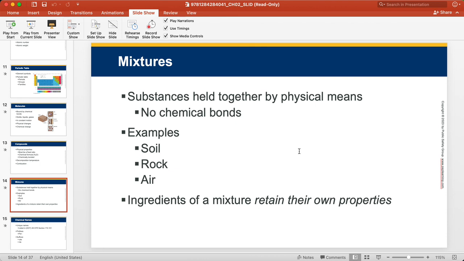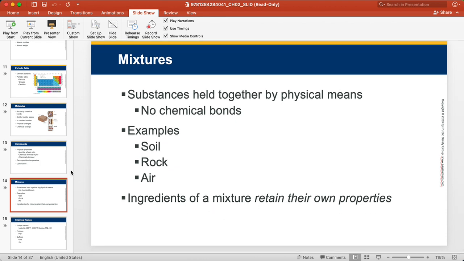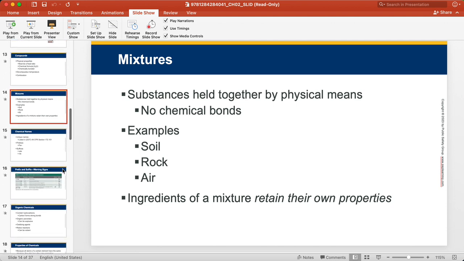And so fire burns very well at 21%, but as we get down to the 15% mark, fire begins to not burn very well and actually starts to smolder. So you'll see a direct correlation to how the human body works and how fire works, and how fire burns. All right, so ingredients of the mixture retain their own properties. So oxygen is still oxygen, argon is still argon, nitrogen is still nitrogen.